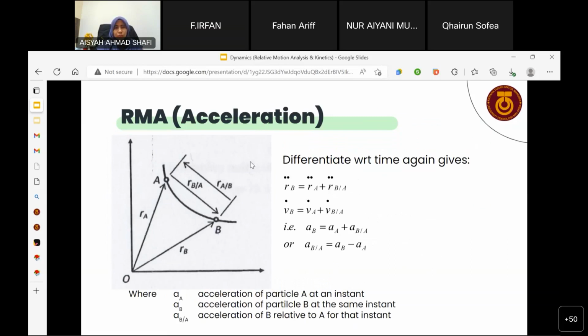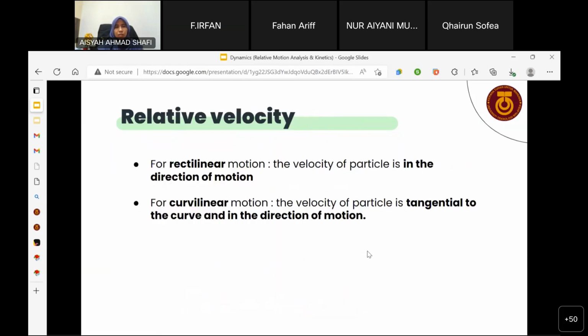And also for the acceleration, differentiate with respect to time again, and we will get AB. This means acceleration of B relative to A is AB minus AA. So that is the equation.